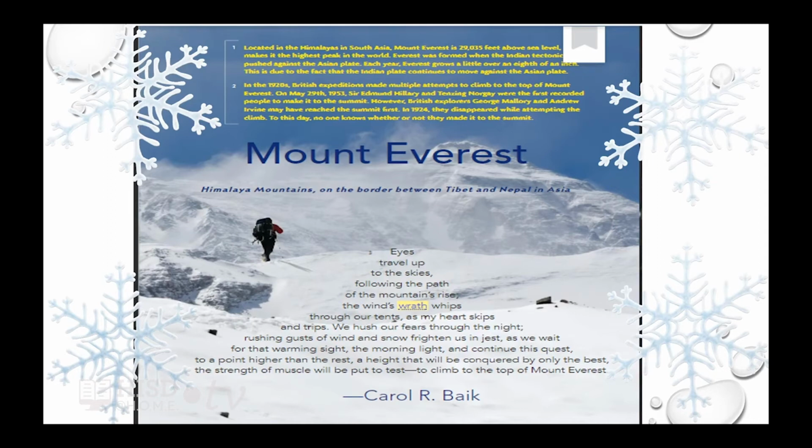Rushing gusts of wind and snow frighten us in jest as we wait for that warming sight, the morning light, and continue this quest to a point higher than the rest, a height that will be conquered by only the best. The strength of muscle will be put to test to climb to the top of Mount Everest.